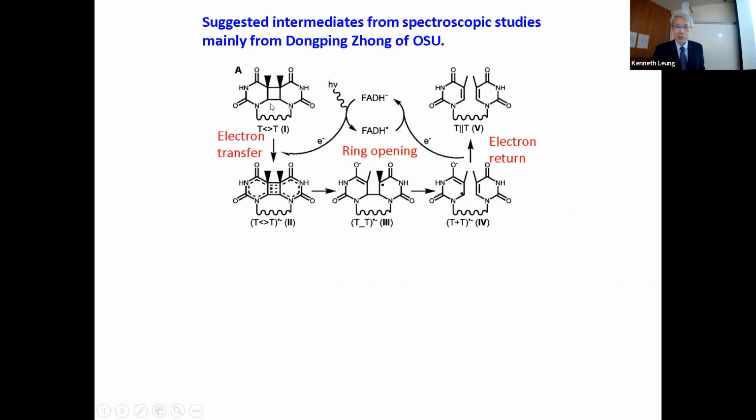Again, it goes through electron transfer, and then the electron gets delocalized, and then one bond is broken, and another bond is broken, and then the repair is complete. That was a proposal, something you could not see, but something based on spectroscopic changes.